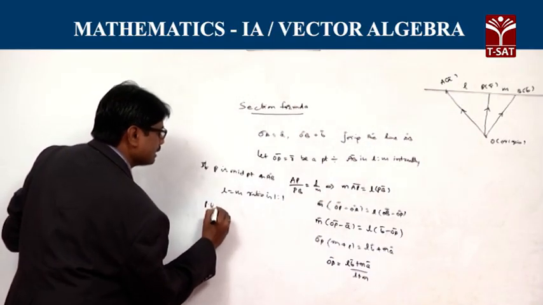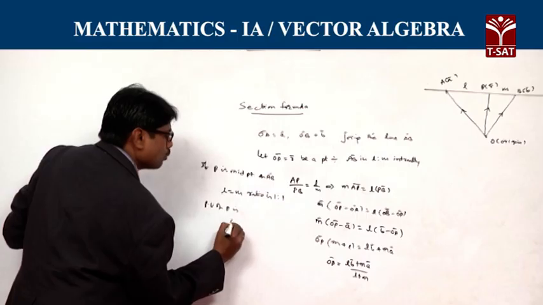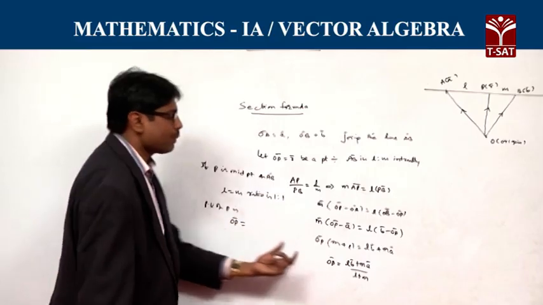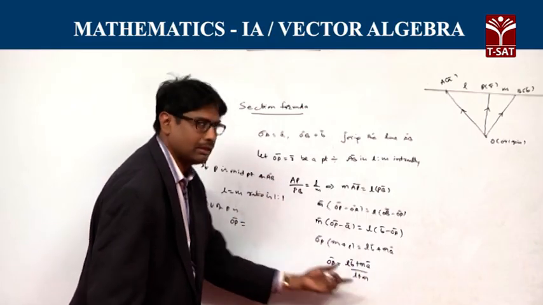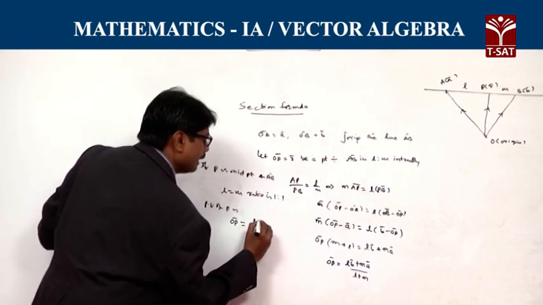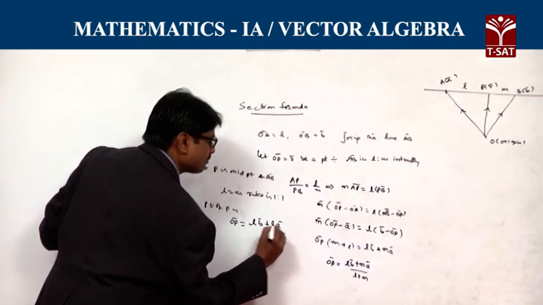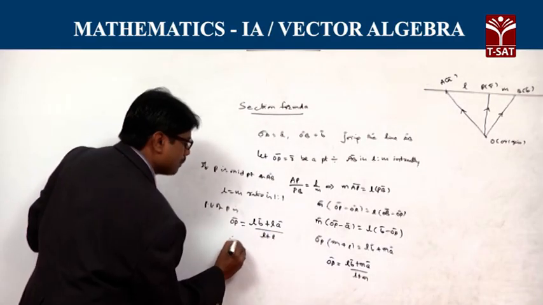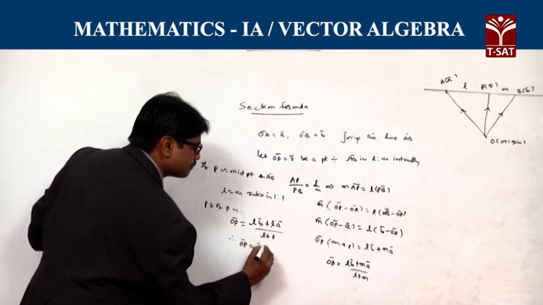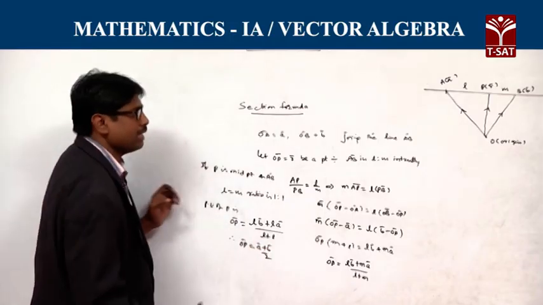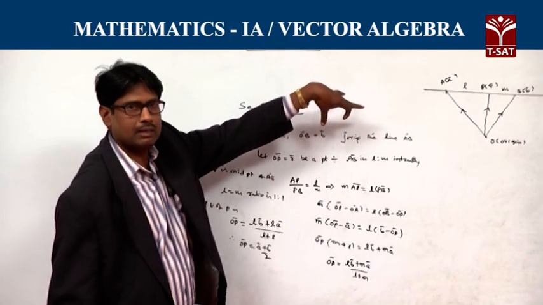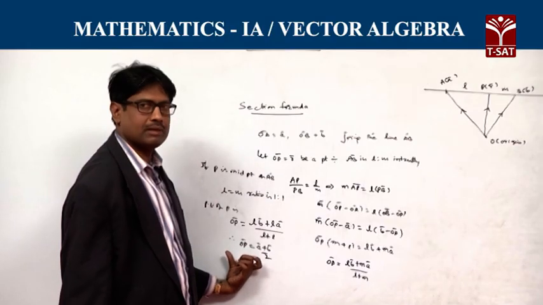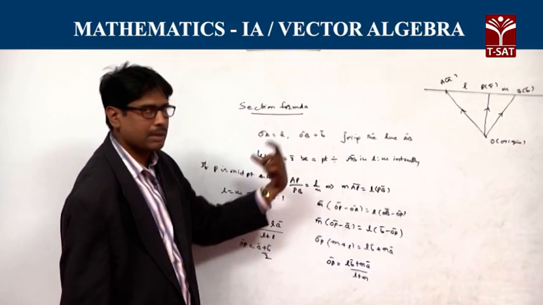Position vector OP bar is equal to (L B bar plus L A bar) divided by (L plus L). Therefore OP bar is equal to (A bar plus B bar) divided by 2.